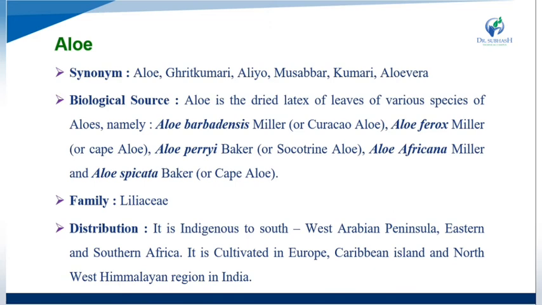Now we see the family of aloe: it belongs to the Liliaceae family. Distribution: it is indigenous to the South and West Arabian Peninsula, Eastern and South Africa, and it is also cultivated in Europe, the Caribbean, Iceland, and the Northwest Himalaya region in India.